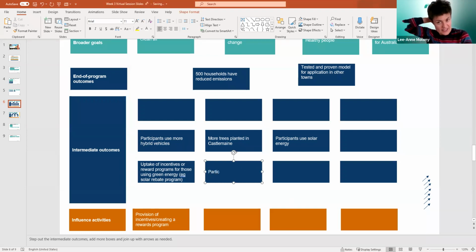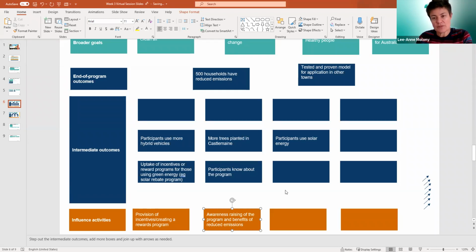Again, we need some activities in place, but the awareness part, not just of the program, but of the benefits of reduced emissions, is part of how you might create some change. Advocate for training and awareness by government agencies.